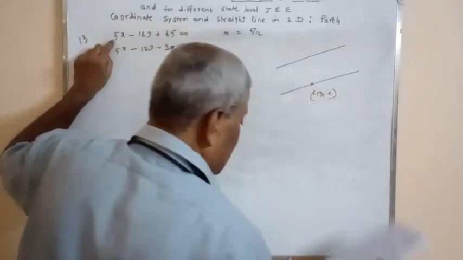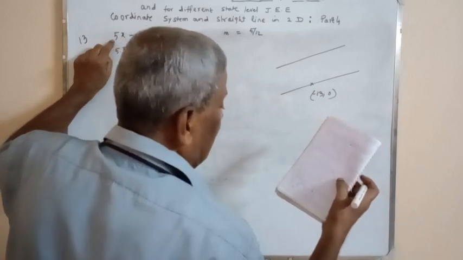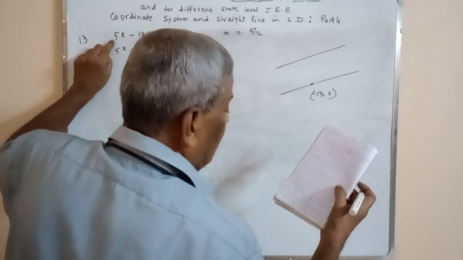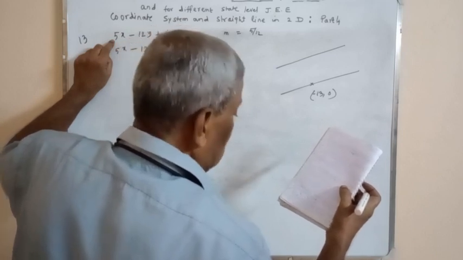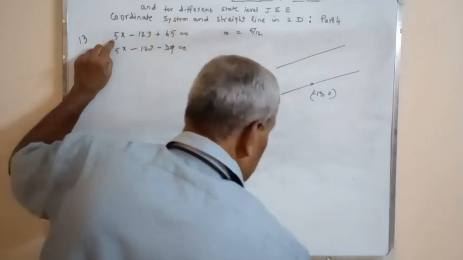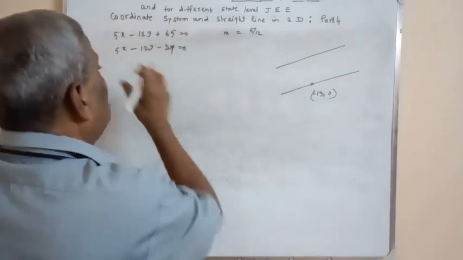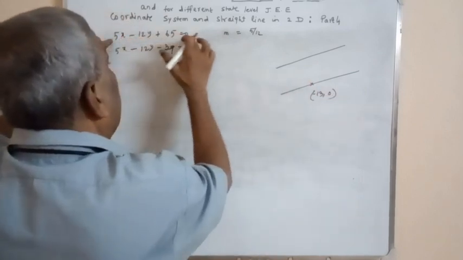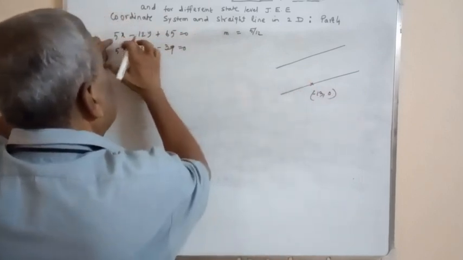Just one minute, I check whether I have copied it correctly or not. Okay, 5x minus 12y plus 65 is 0, and 5x minus 12y minus 39. Okay. So we take minus 13 comma 0 as a point on that because it satisfies it.